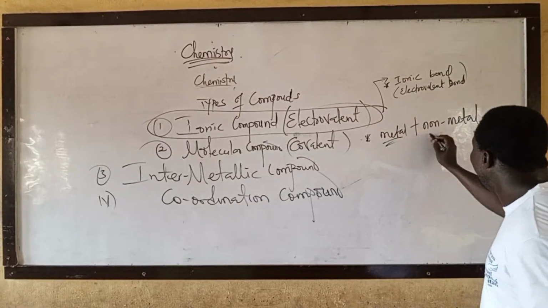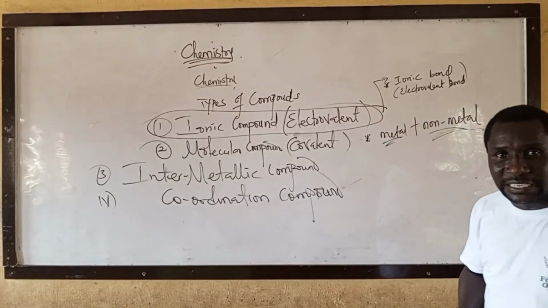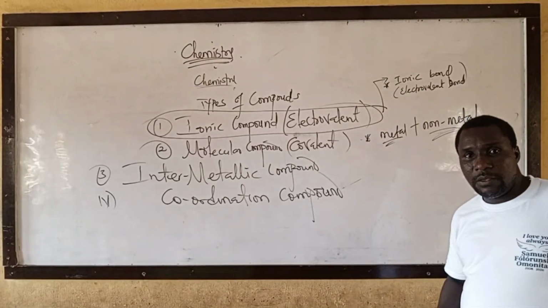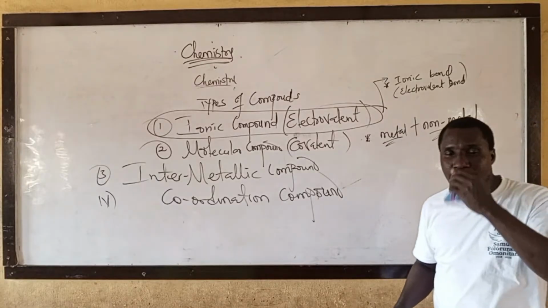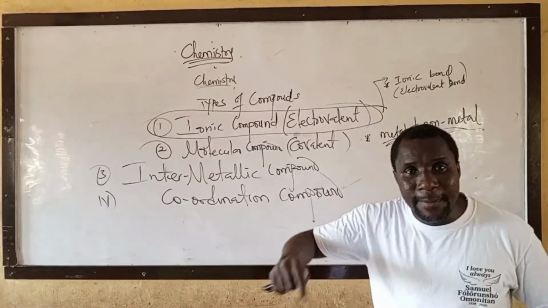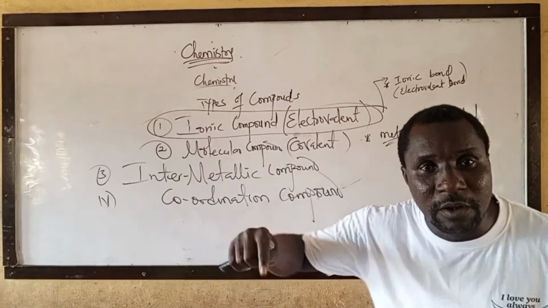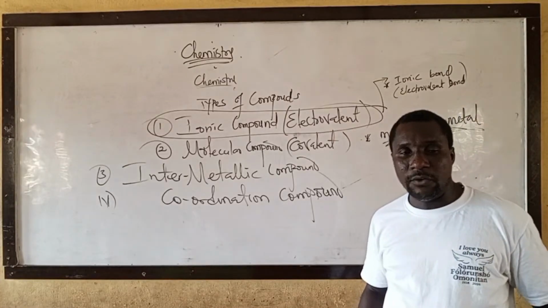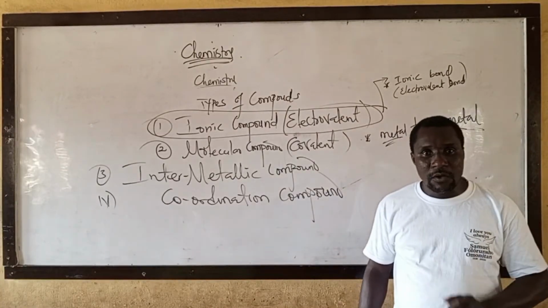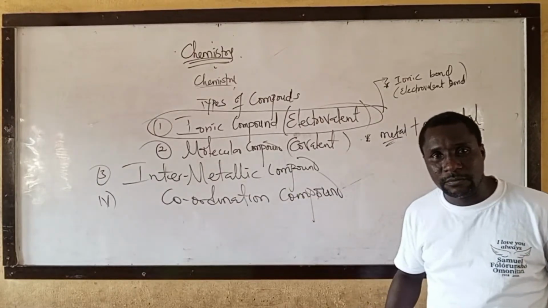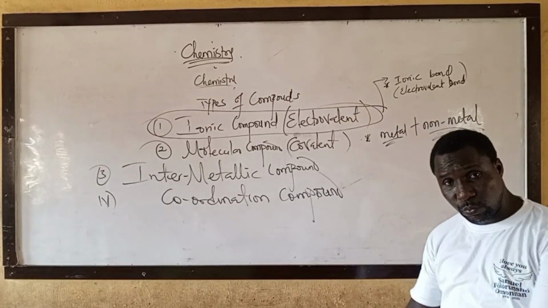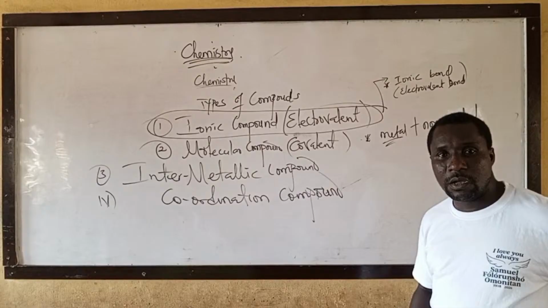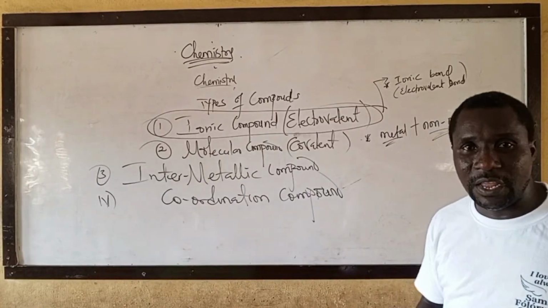When metal element combines with non-metal element, the compound formed is ionic compound or electrovalent compound.